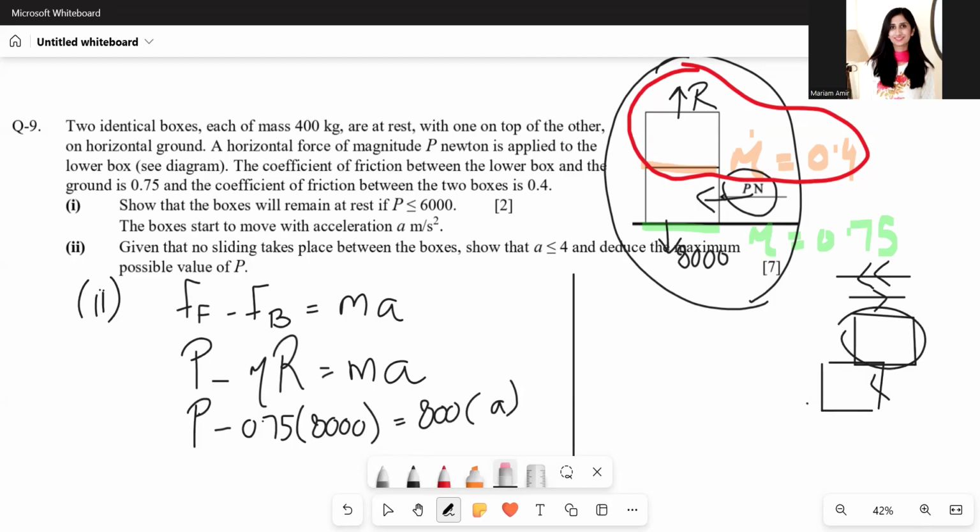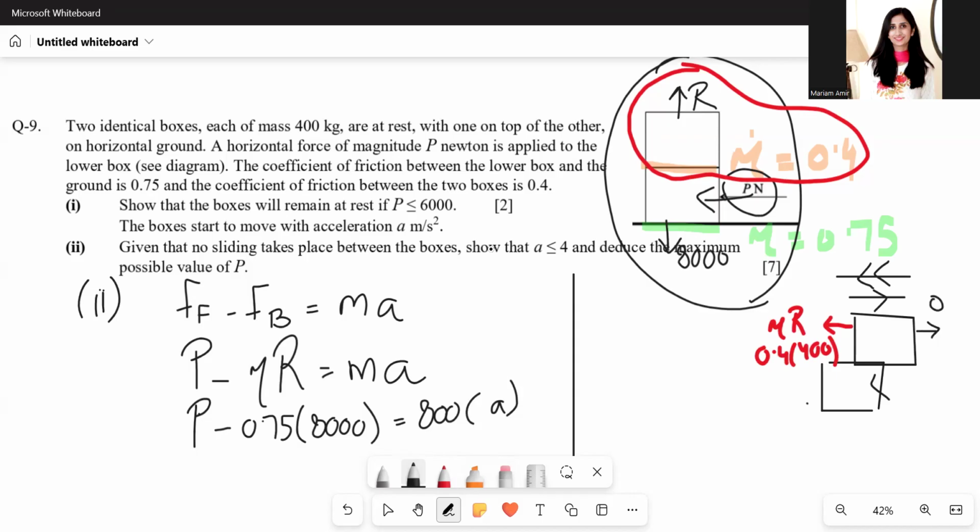Let's look at the forces on the upper block. There's no forward force. It's going to be 0. And there's going to be friction, in this direction, which is going to be equal to mu R. Now its mu is different, 0.4, and its R is different, 400. So mu R will have this value. And there's no force being applied in this direction. This is going to be 0.